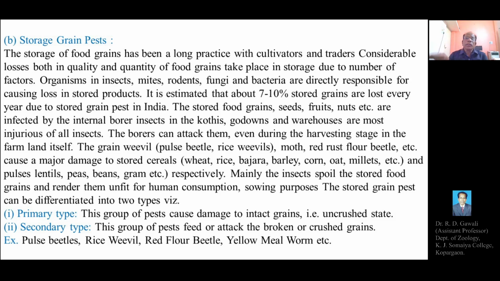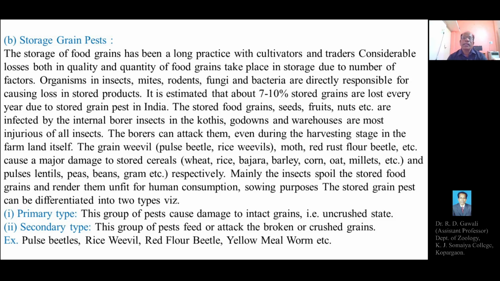So these are the different type of food products: stored food grains, seeds, fruits and nuts, or even fruits and vegetables, which are stored in the storage houses, or food grain products can be stored in the coties, godowns or warehouses on small or large scale, and are damaged by the different type of stored grain pests.